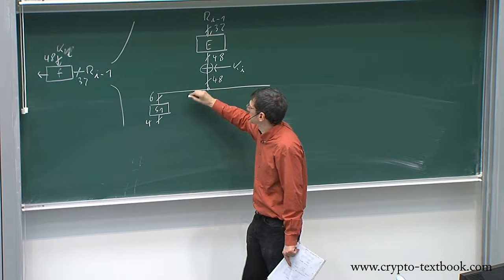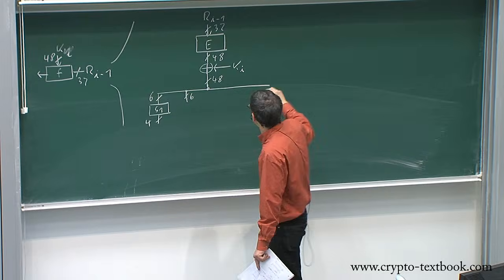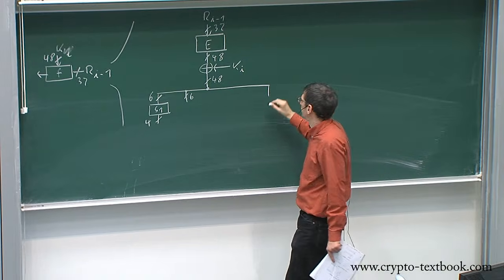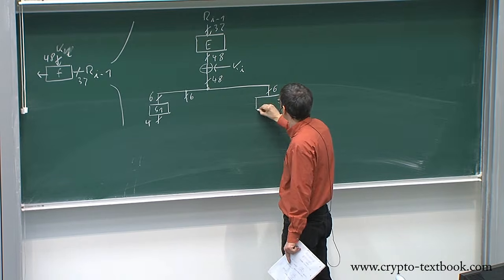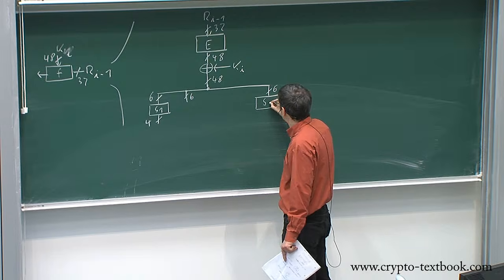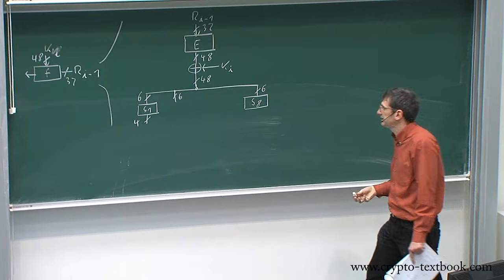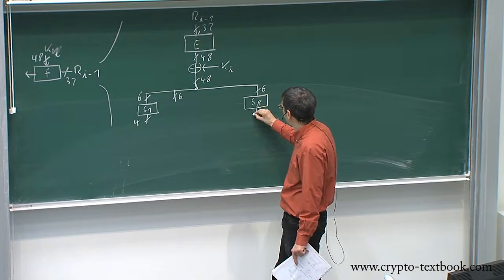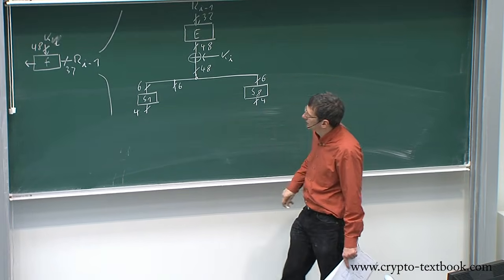This is the first 6 bits, and then you have the next 6 bits and the next 6 bits, and you do that 8 times. At the end, you have the S box S8, the 8th replacement table. Again, 4 bits. Now you're almost done.